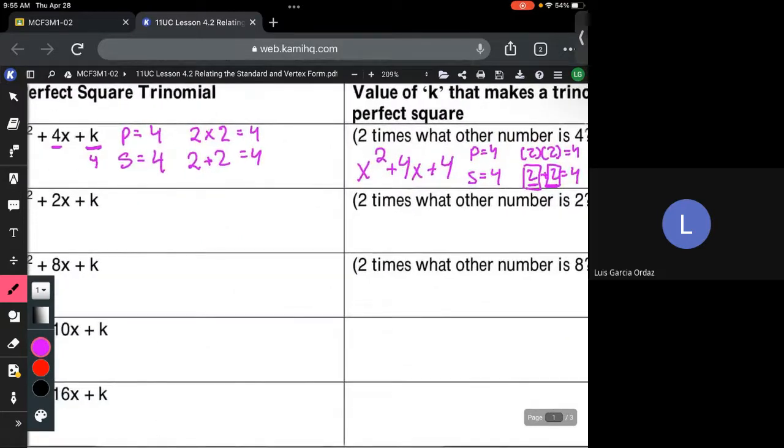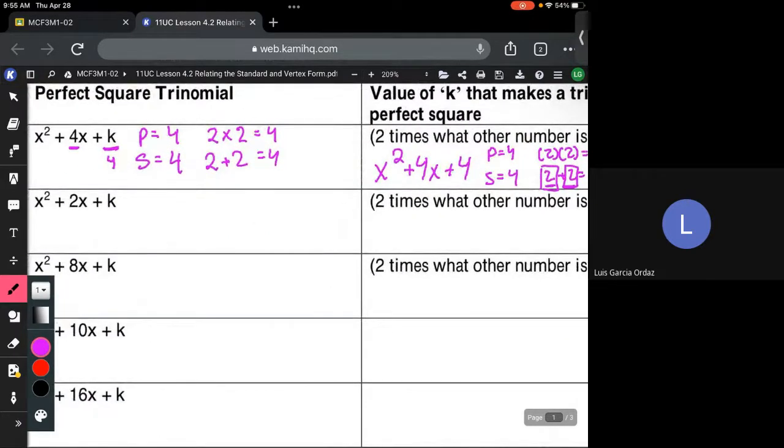Now I have my next one: x squared plus 2x plus k. Again, I don't know my product, but what's my sum? 2. So what are two identical numbers that add up to 2? 1 plus 1. Thank you, Cynthia. Now I need to take those same two numbers and multiply them together. What's 1 times 1? So my product is 1, and my new trinomial is x squared plus 2x plus 1.